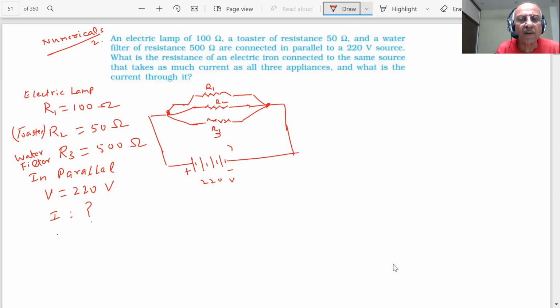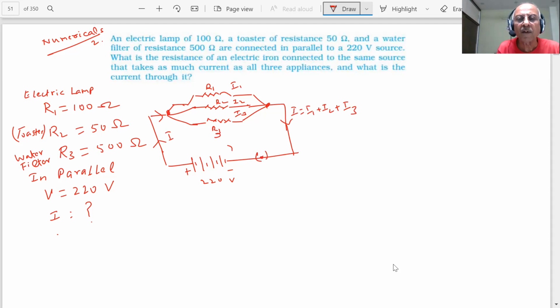What will happen? The current will flow, and the current is divided into I1, I2, I3, and here again I is equal to I1 plus I2 plus I3, student.